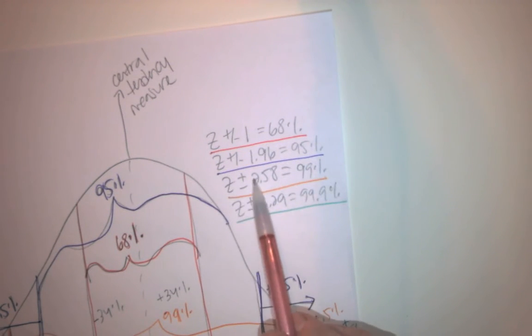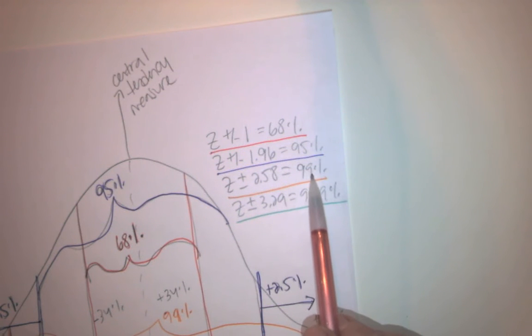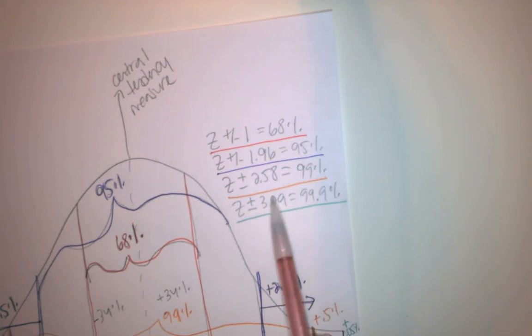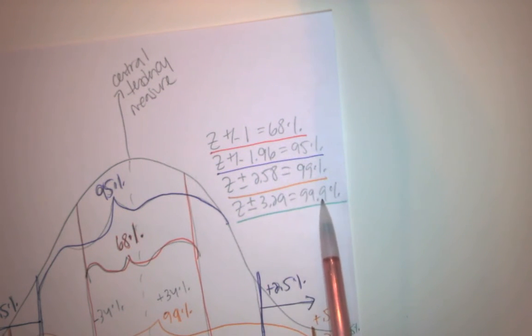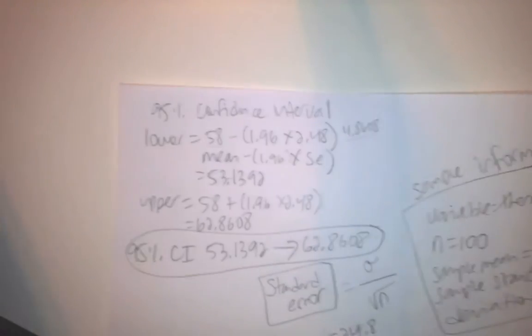My z-score of 2.58 is my 99% confidence interval. And the 99.9% confidence interval is 3.29. Your book includes a 90% confidence interval. We do not see that as legitimate in most social science research.